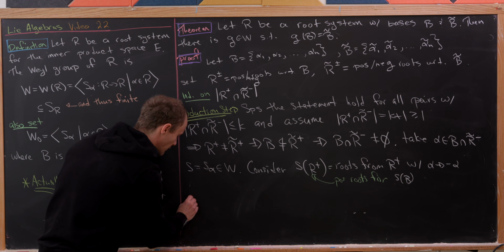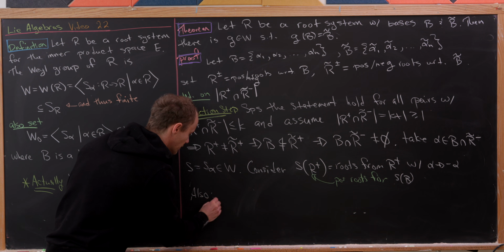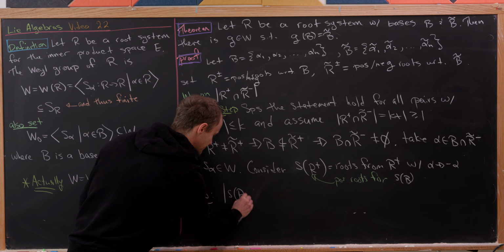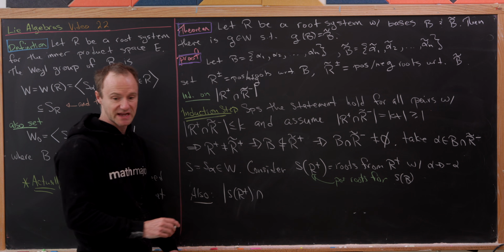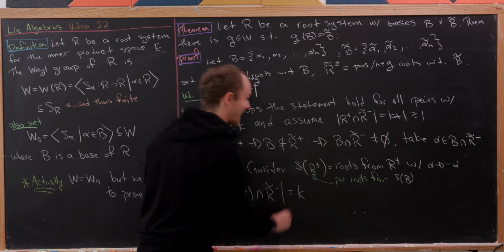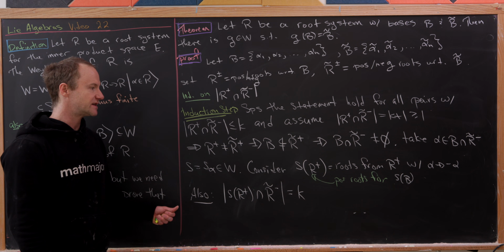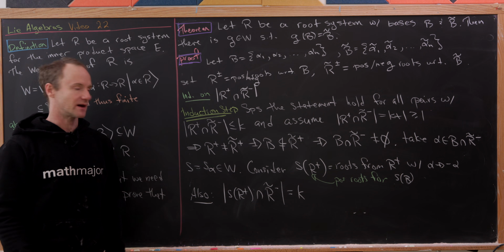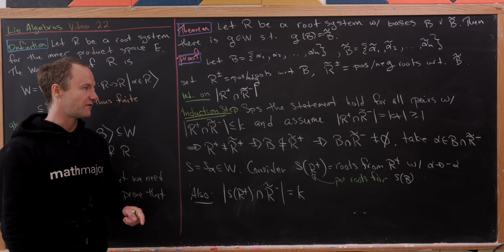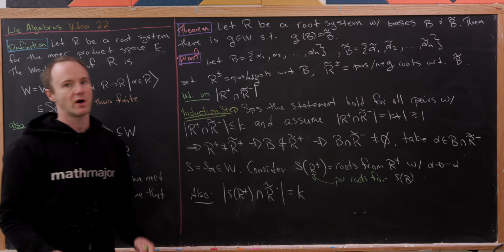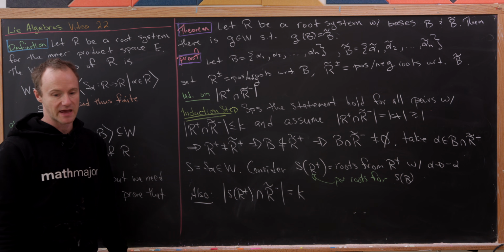Okay, and then let's also note the following, and that is the size of S R plus intersected with R tilde minus is equal to k. And that's because we've removed this alpha from this setup. So if we remove this alpha, that's one of the things that we've removed, meaning that we've removed 1 from k plus 1, making k.